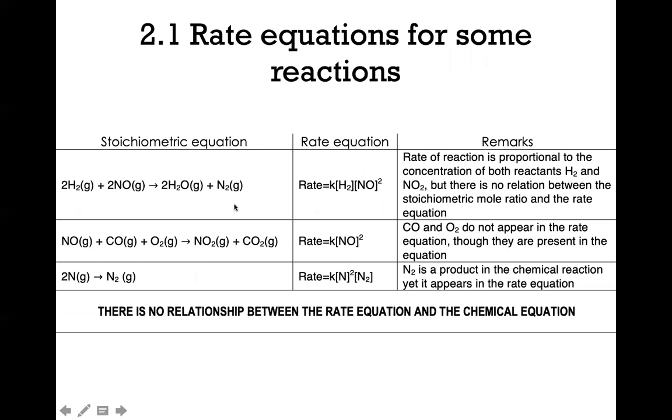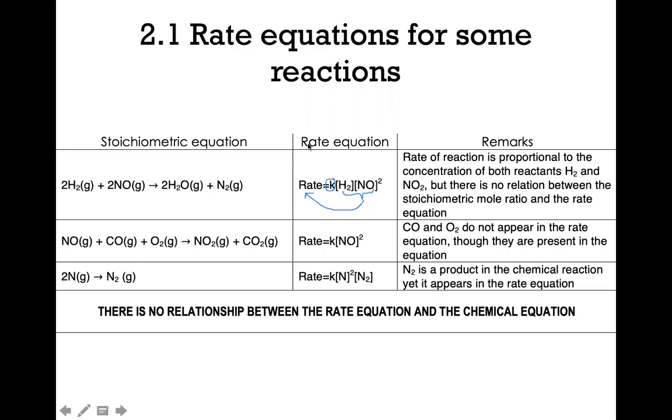Let's use one of these examples, and I am going to try to annotate this. You know that the units of your rate are mol per dm cubed per second. There's your k. You want to find the units of k, so you have to move your concentration terms to the other side.